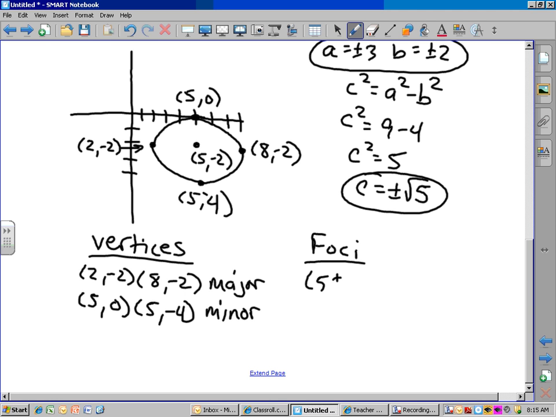So 5 plus or minus the square root of 5, comma negative 2. Let's get some decimals on that. So our foci are going to be 7.236, comma negative 2, and 2.764, comma negative 2.